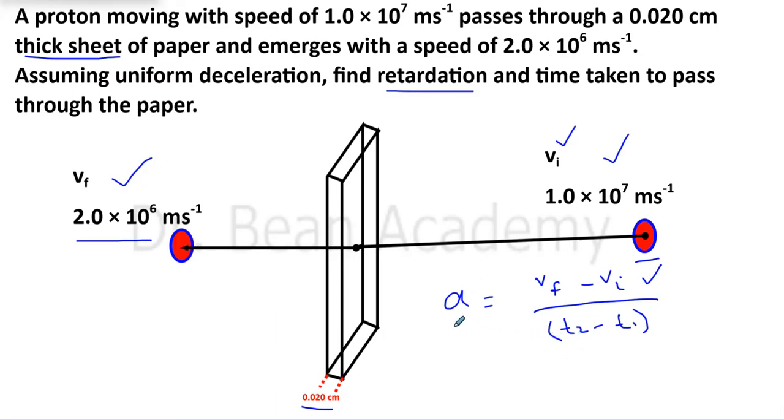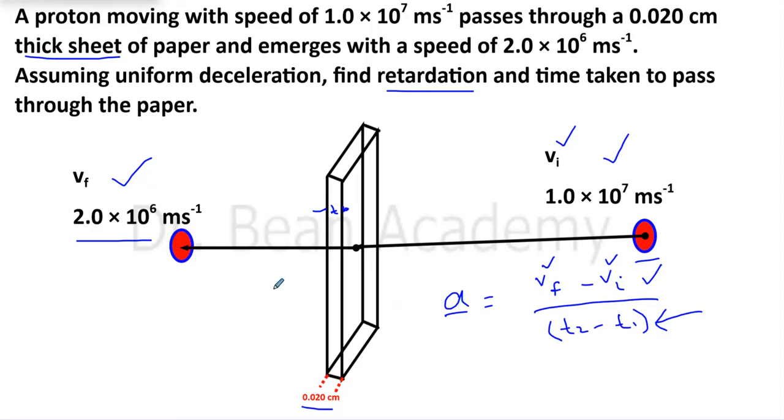I can calculate this acceleration, or retardation, or deceleration, very easily because I have Vf, I have Vi, but I don't know how much time it took for the particle from entering at this surface of the sheet to exiting at the other side. So I need to know the time during which it crossed this sheet of paper. If I don't have this time, I can't calculate acceleration. So is there any other way to calculate acceleration or retardation?